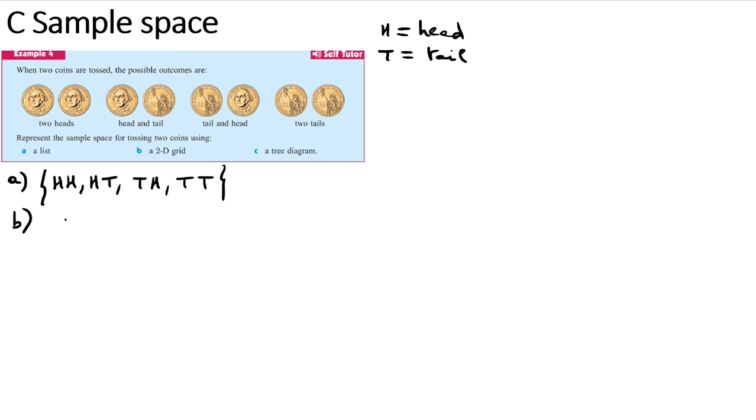So two-dimensional, we're going to need 2 axes, a vertical one and a horizontal one. The horizontal one is for the first coin, the vertical one is for the second coin. Okay.